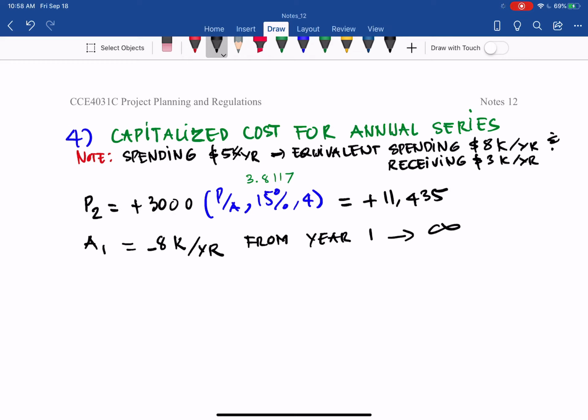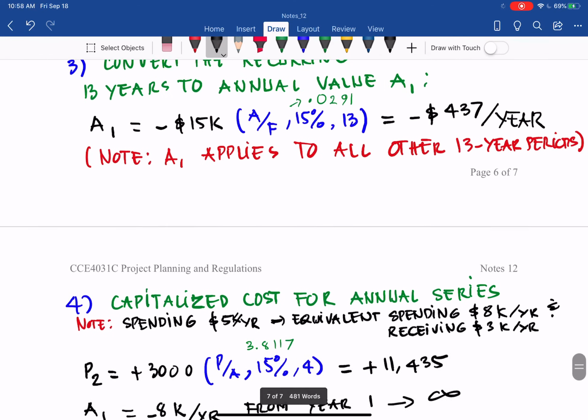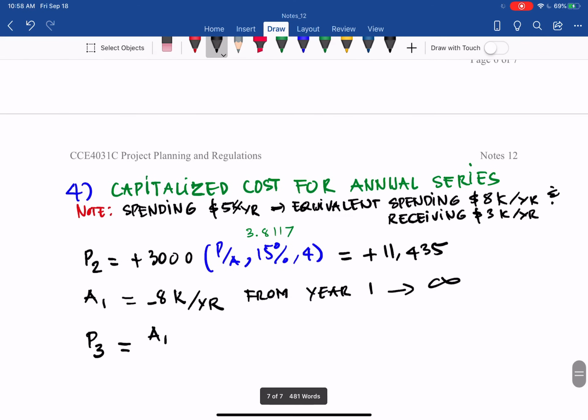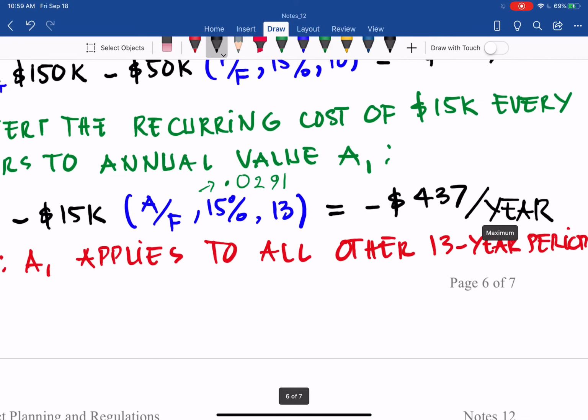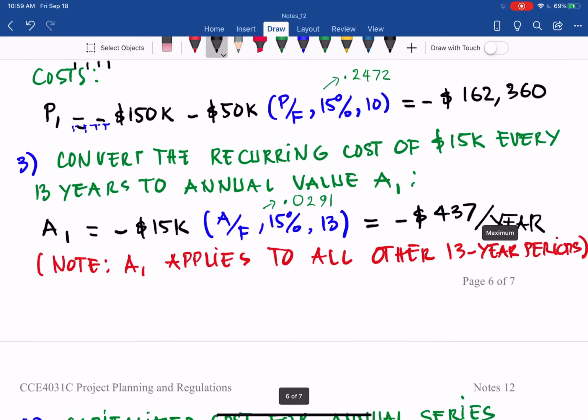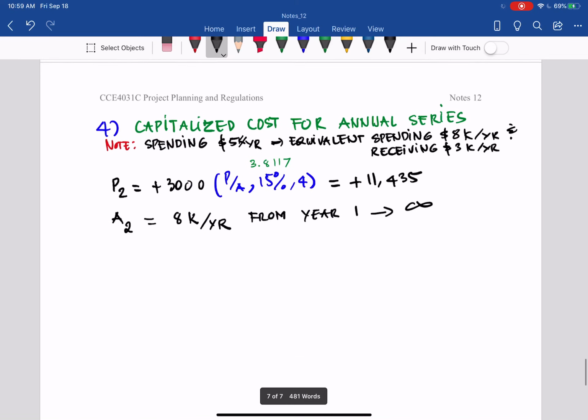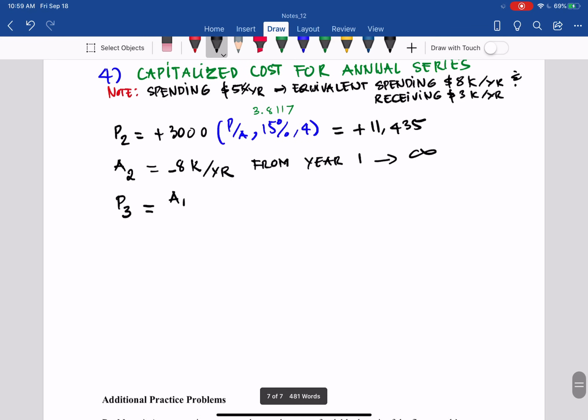With that, we can find P3, the capitalized cost for the annual amount, which equals A1, the same amount, plus, let's call it A2, since we already called the other A1, which is the equivalent amount for spending 15,000 every 13 years.